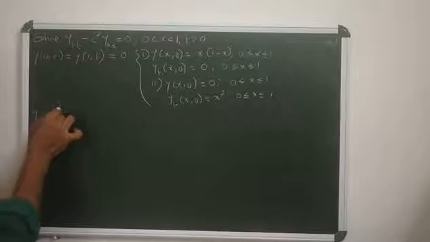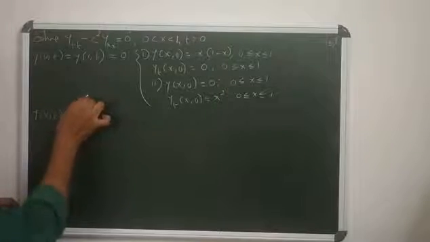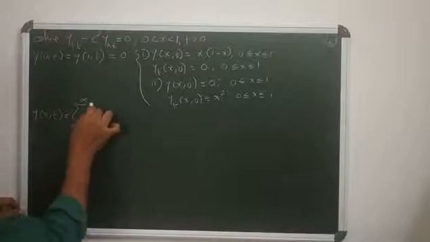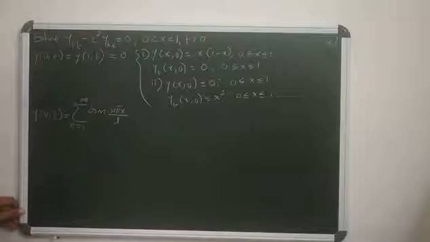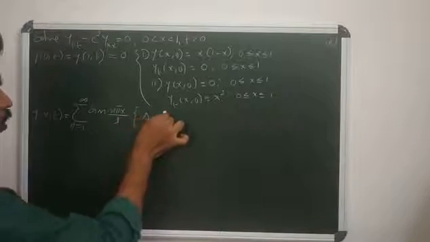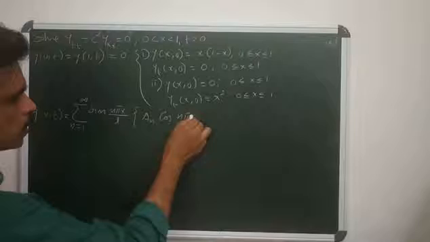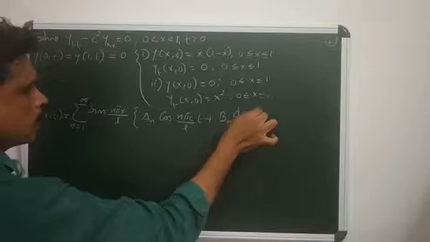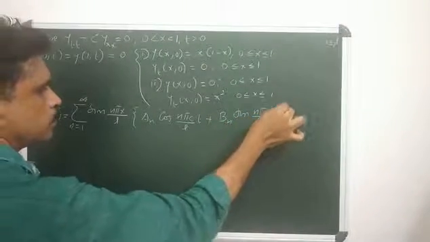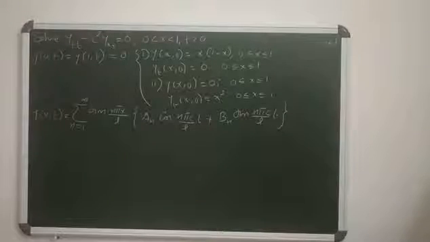The solution is y of x,t equals sigma n ranges from 1 to infinity sin(n pi x by L) into an cos(n pi c by L into t) plus bn sin(n pi c by L into t). So this is the solution of the vibration of a string of finite length.